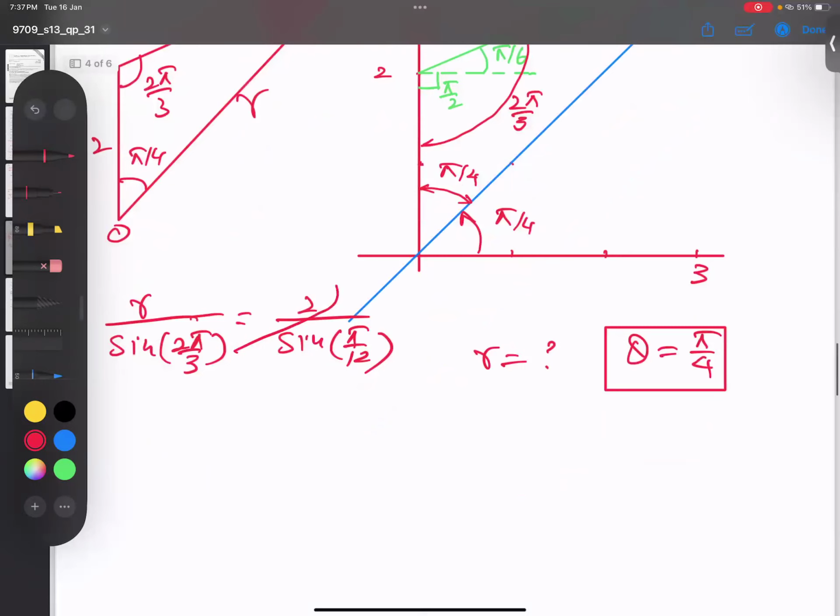Multiply the whole thing by that, and please convert your calculator to radian mode. So I'm typing in my calculator 2 times sine 2 pi over 3 divided by sine pi over 12, and my value is coming, r is root 6 plus 3 root 2.